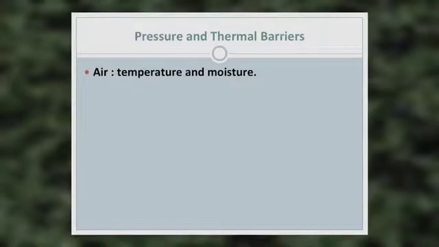Thermal and pressure barriers help us to manage building temperature as well as moisture. They also help us to manage air movement, not allowing air to leave or enter the building unless we give it permission to do so.